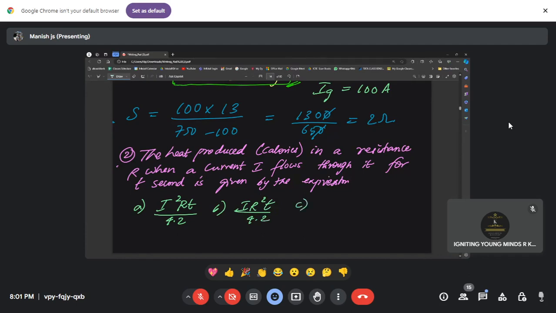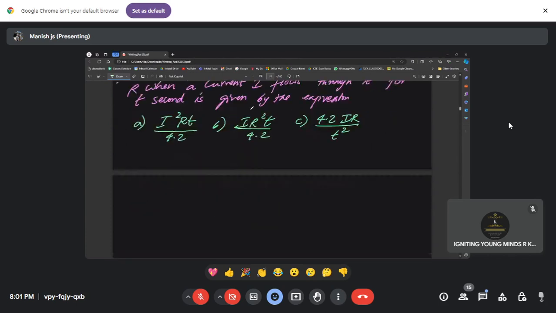Option C, 4.2 into IR upon T square. And option D, IR T square divided by 4.2. So these are the options.